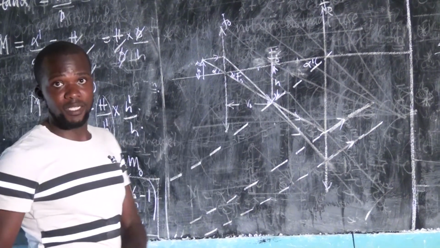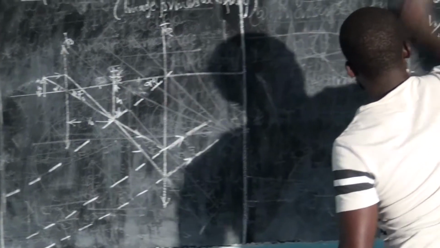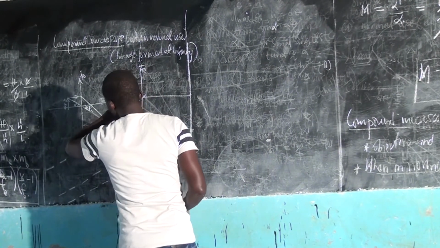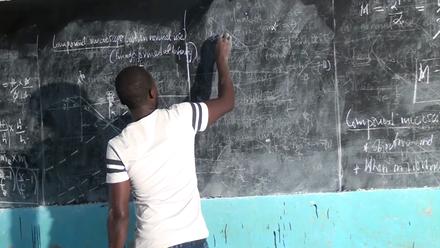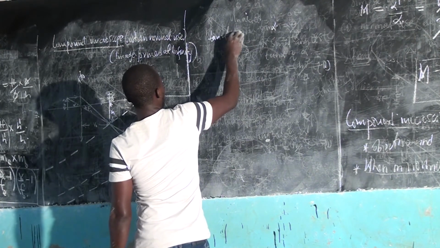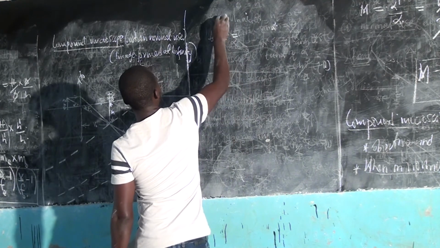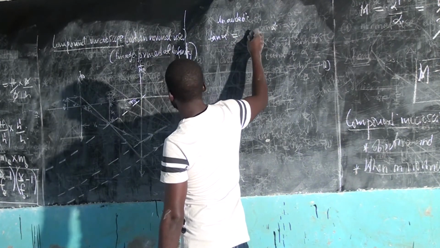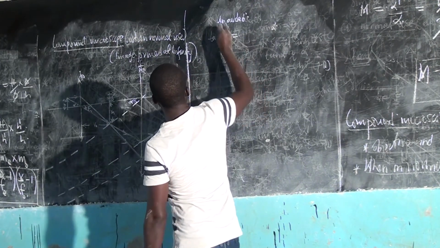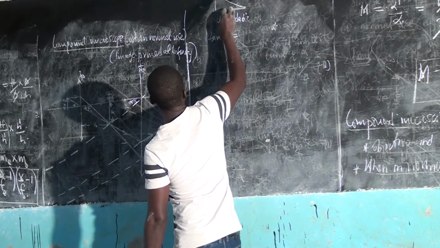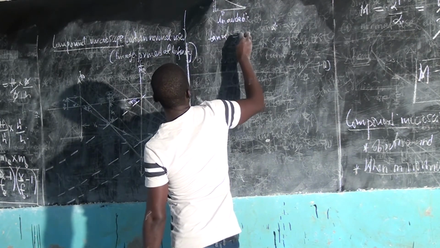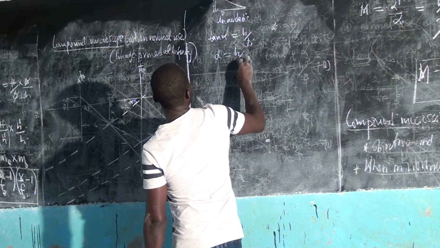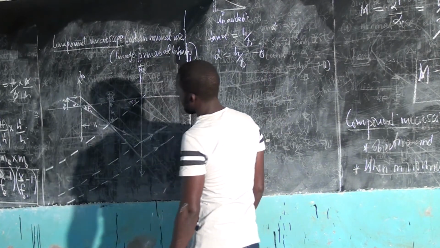I want to derive the magnifying power. Just have the tan of alpha and alpha prime. This is unaided. The tan of alpha becomes, with this distance being D and the height H, H over D. So alpha becomes H over D, for small angles.